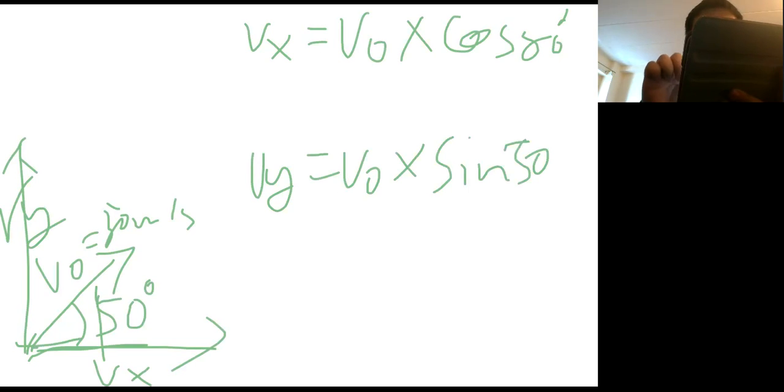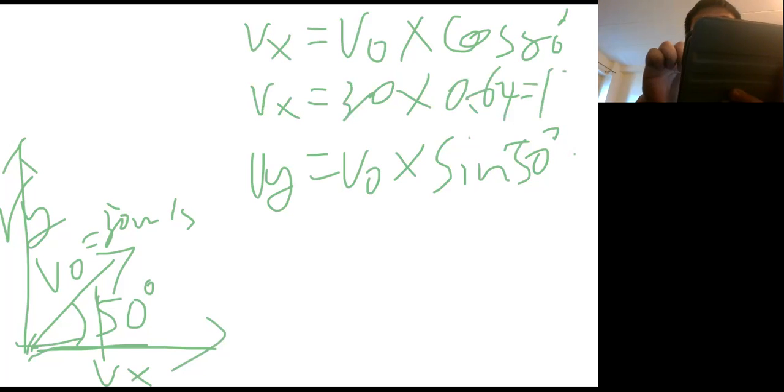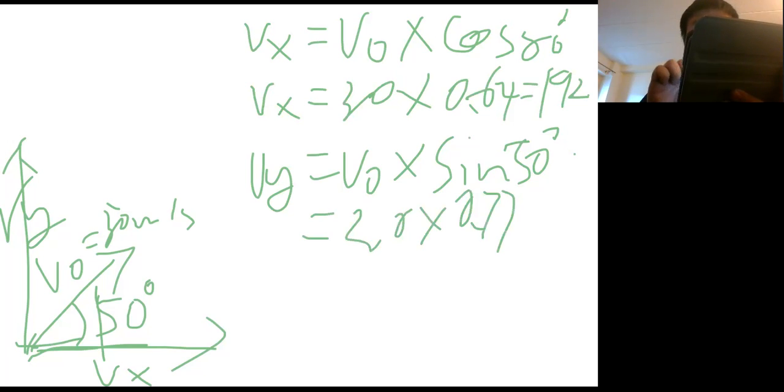So the horizontal speed is 30 times 0.64, which is 19.2 meters per second, and Vy is 30 times 0.77, which is 23.1.